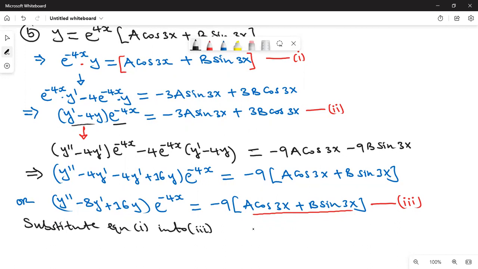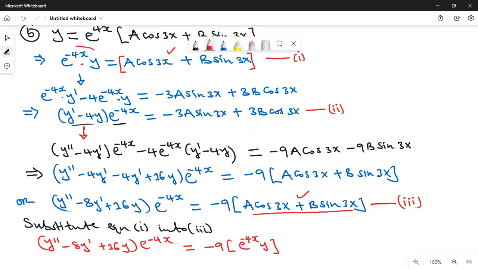So what do we get? The third equation is (y'' − 8y' + 16y), the whole of these times e^(−4x), is equal to −9 times e^(−4x) times y. I have replaced this with this one.